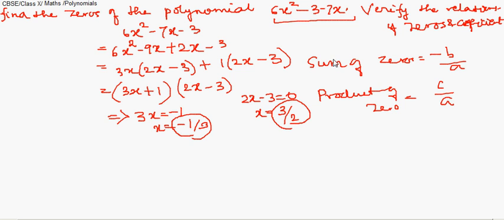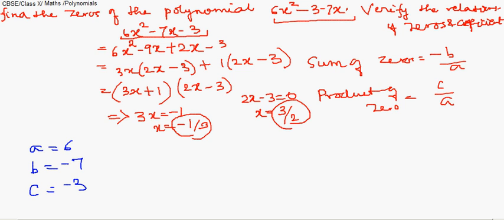In your question, the polynomial given, with the one we have rearranged, a is given by 6, b is given by minus 7, and c is given by minus 3.